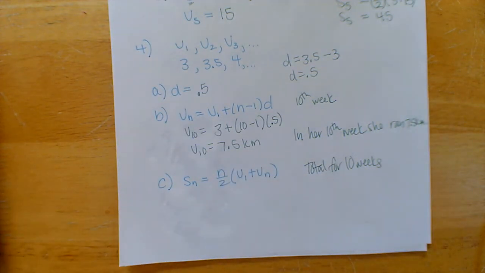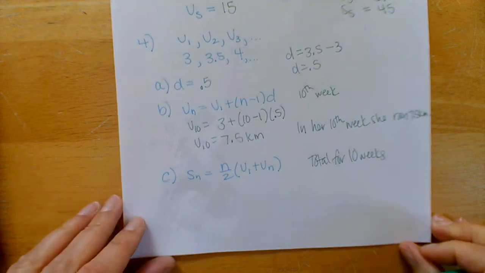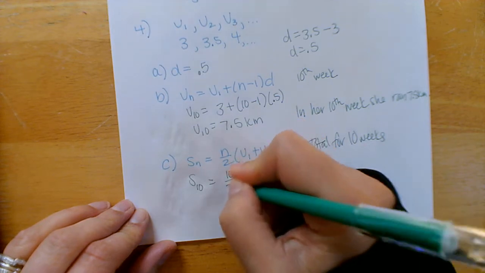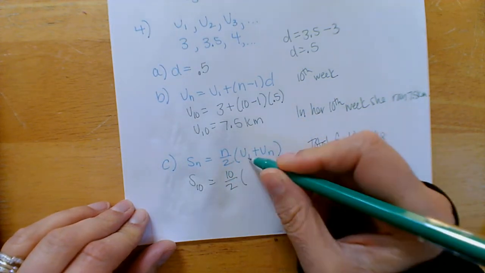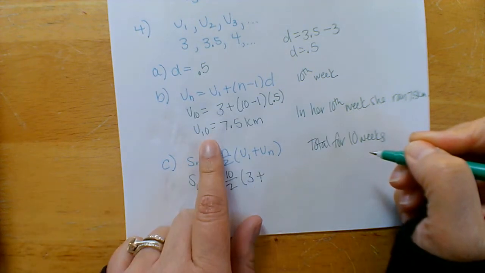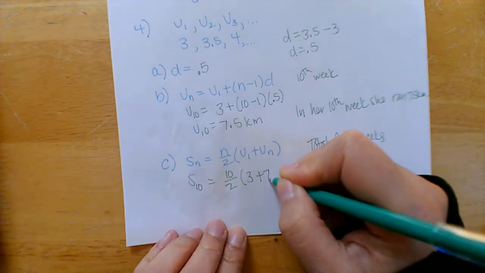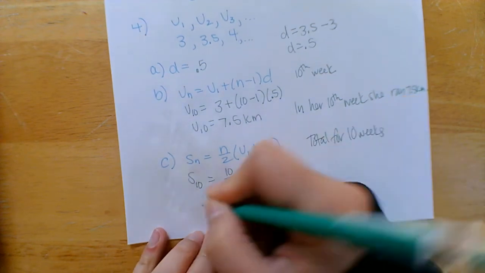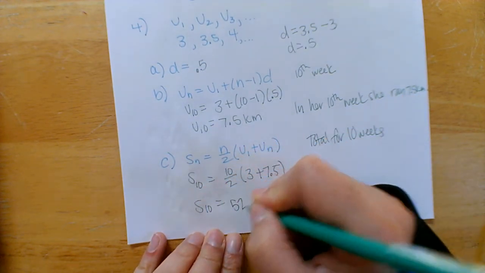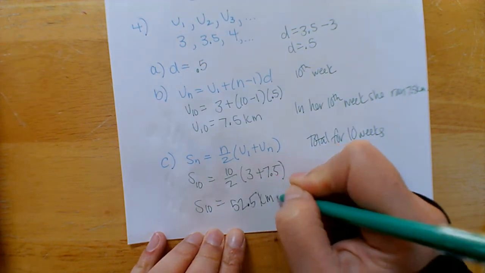How much did she run in total? So that's what our sum means. So her sum for 10 weeks is 10 divided by 2 times U sub 1, which was 3, plus our U sub n, which is our 10th week, 7.5. Doing that in our calculator, we're going to get a total of 52.5 kilometers.